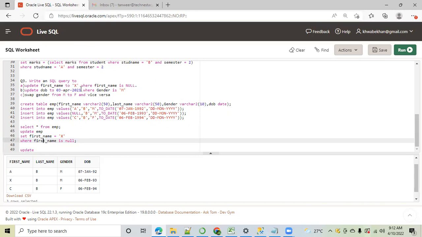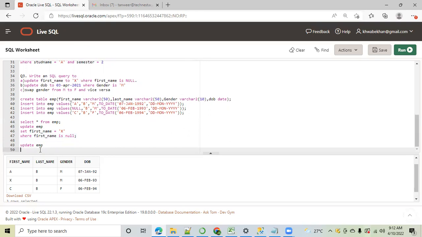Next question is update date of birth to this where gender is M. So again: update employee set date of birth is equal to to_date, which value you want? 3rd April, 03 April 2021, DD MON.